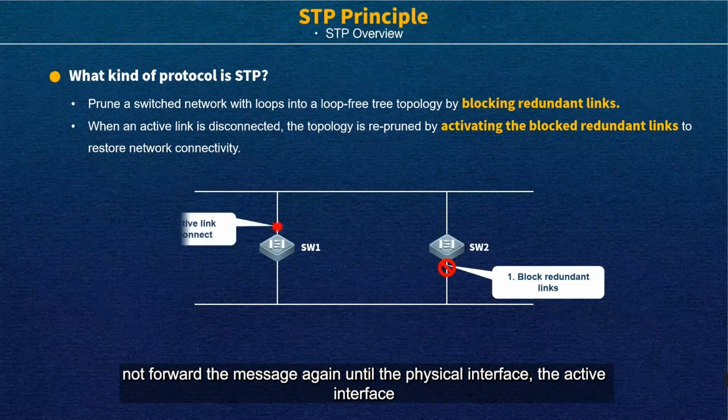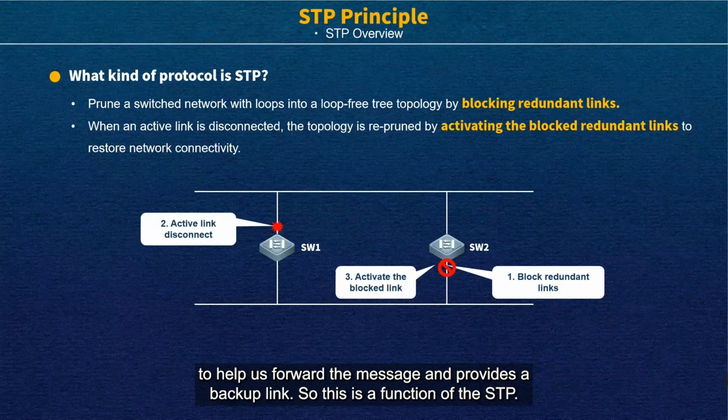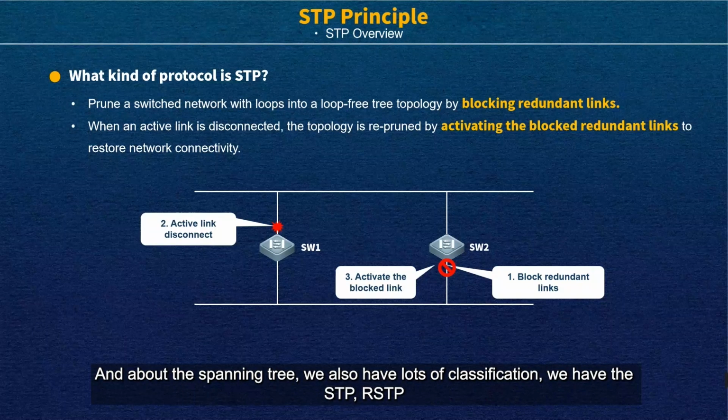Until the active link interface is disconnected, maybe there's some break, right? And then we will activate the blocked link again to help us forward the message and provide the backup link. So this is the function of STP.